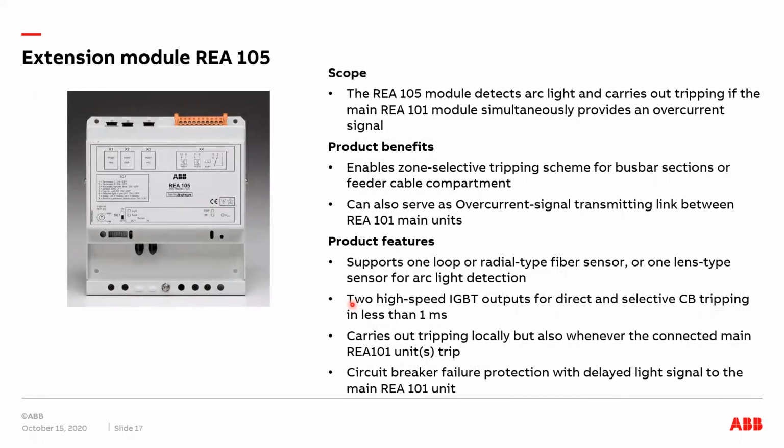REA105 is an interesting model and very popular nowadays. And why is that? Because it has similar high-speed solid-state tripping outputs as the main unit. And here in this model, we can have one sensor connected to it.